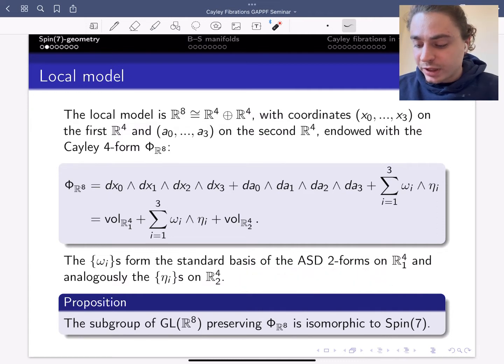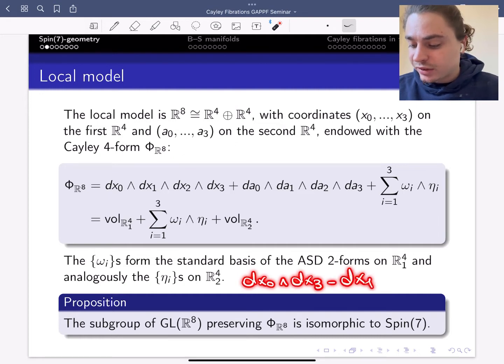Omega 2 is dx0 wedge dx2 minus dx3 wedge dx1. And finally, omega 3 is dx0 wedge dx3 minus dx1 wedge dx2.